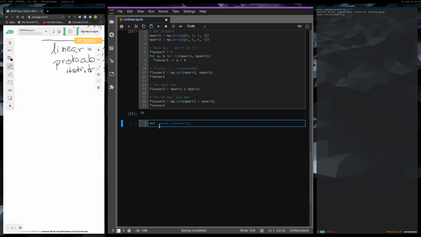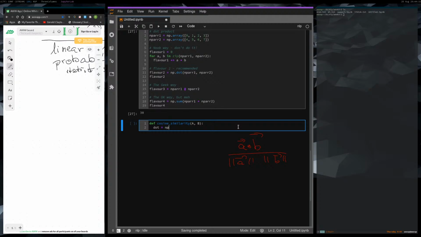Cosine similarity of vector A and vector B. Okay, so first, let's maybe keep it for our reference: A times B, the vector, over the norm of A and the norm of B. For our reference, we're literally translating this formula into code.